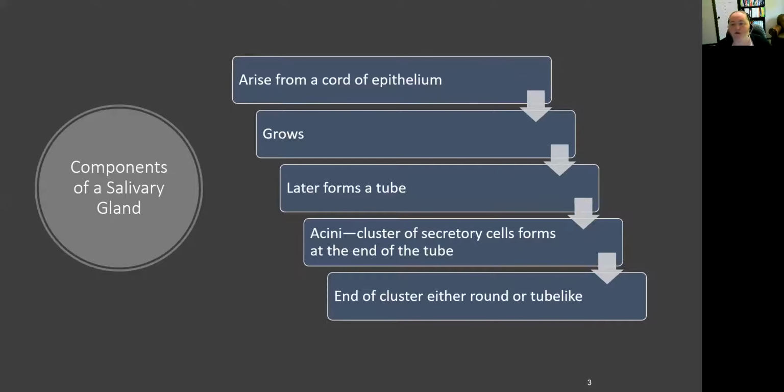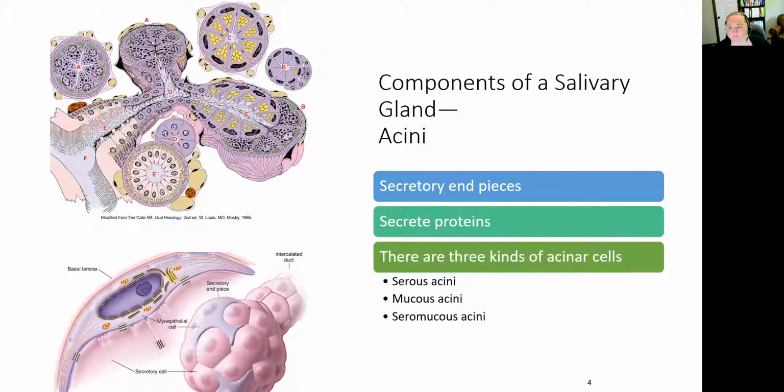Okay, so they do arise from a cord of epithelium, and that grows and later forms a tube. And the tube then has a cluster of cells that secrete different products, okay? And that is the acini, okay? And the end clusters are either going to be rounded or tube-like.